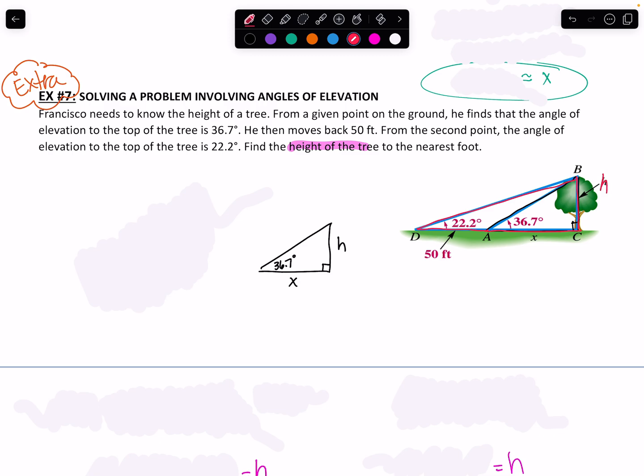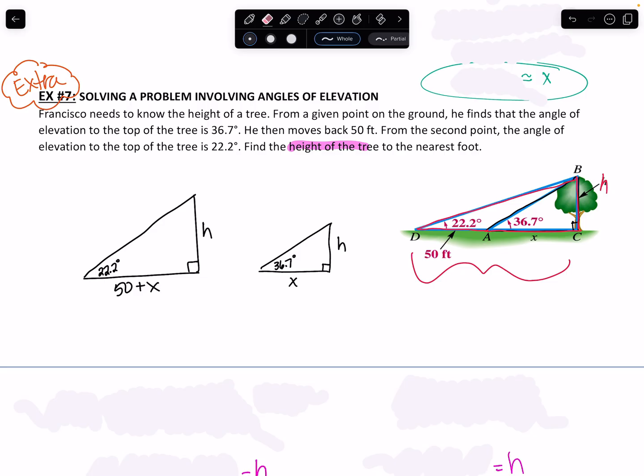The angle of elevation is 22.2, but what would we now call this whole distance from the base of the tree to where now Francisco is standing at the very end? It's not just 50, it's not just x, but what we could do is draw a new triangle and label that whole distance 50 plus x, right? So now I have two separate right triangles.